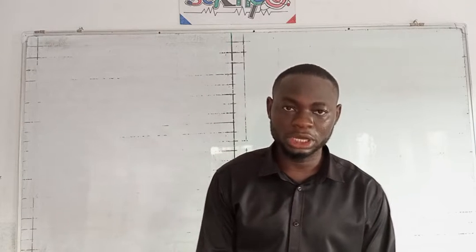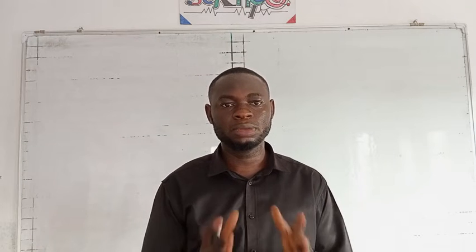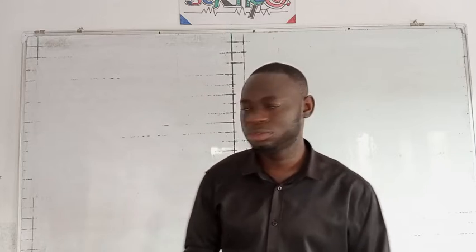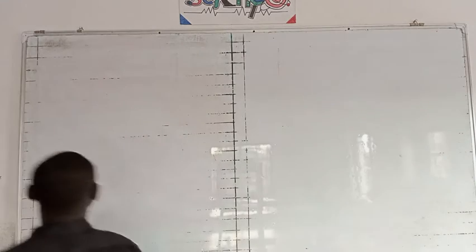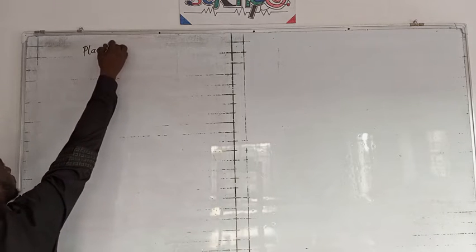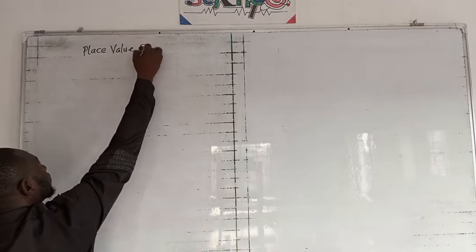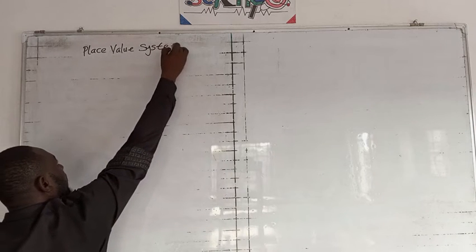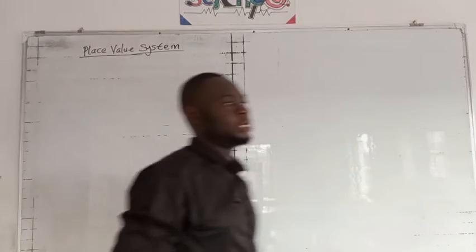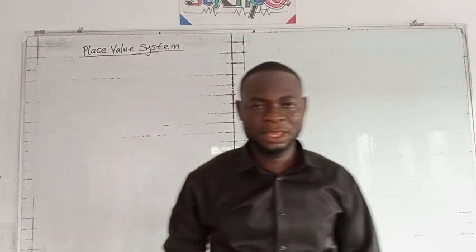So, having studied numbers, today we want to look at the place value system of numbers. Like I said, we are looking at the place value system.